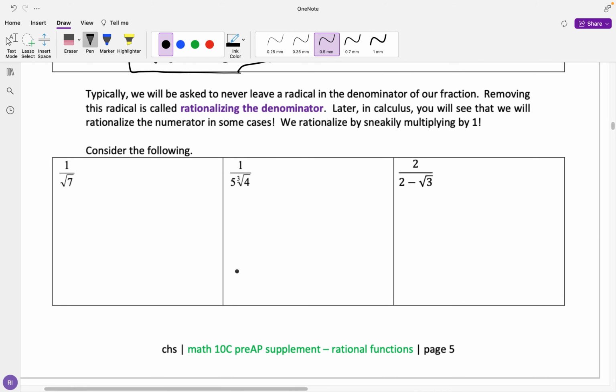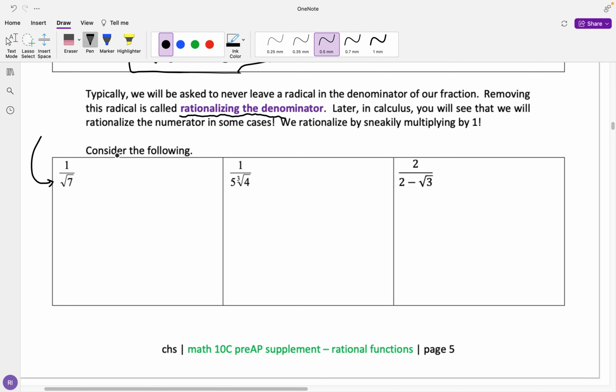Now, the last rule that we have to look at before I can leave you some practice is that we would call this not simplified as an expression, because there is a radical on the denominator, the root 7, and we are not allowed to leave radicals on the denominator. The process is called rationalizing the denominator, because we want the denominator to become a rational value.